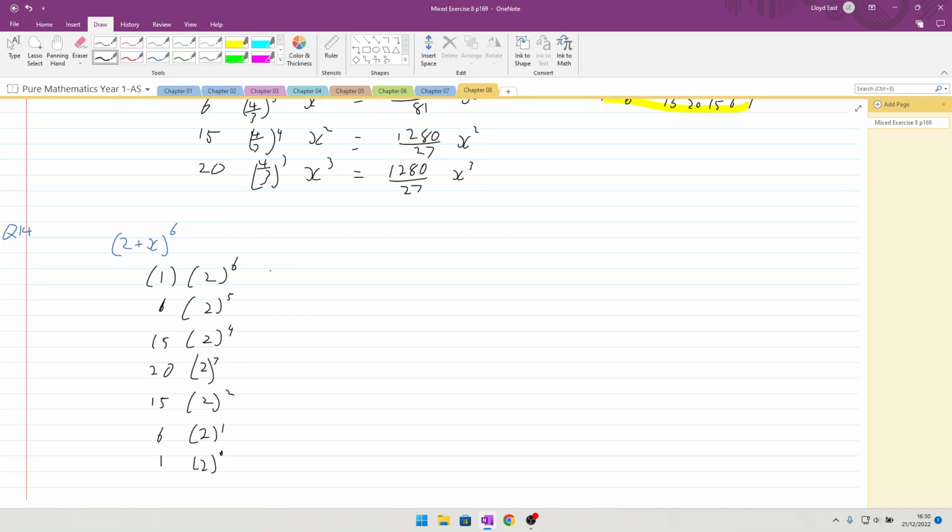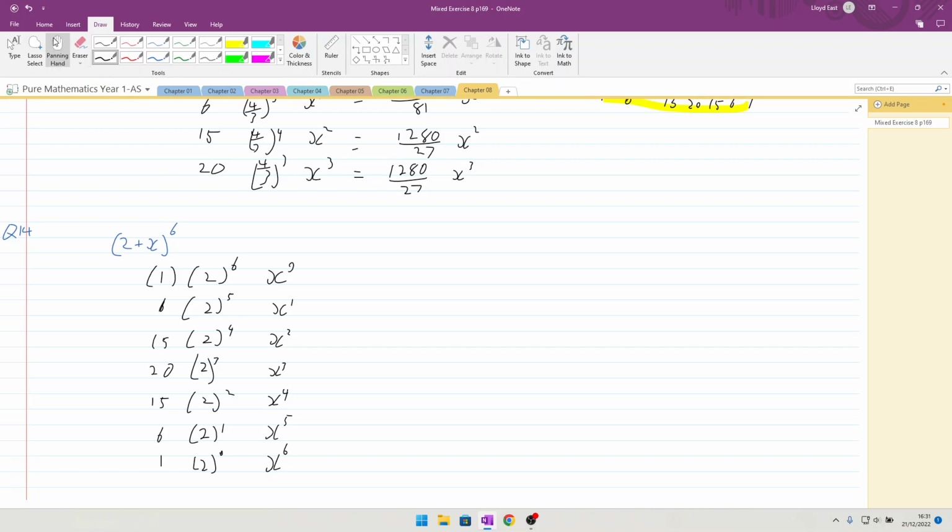And then we're going to have x to the power 0, x to the power 1, x to the power 2, 3, 4, x to the power 5, and x to the power 6.